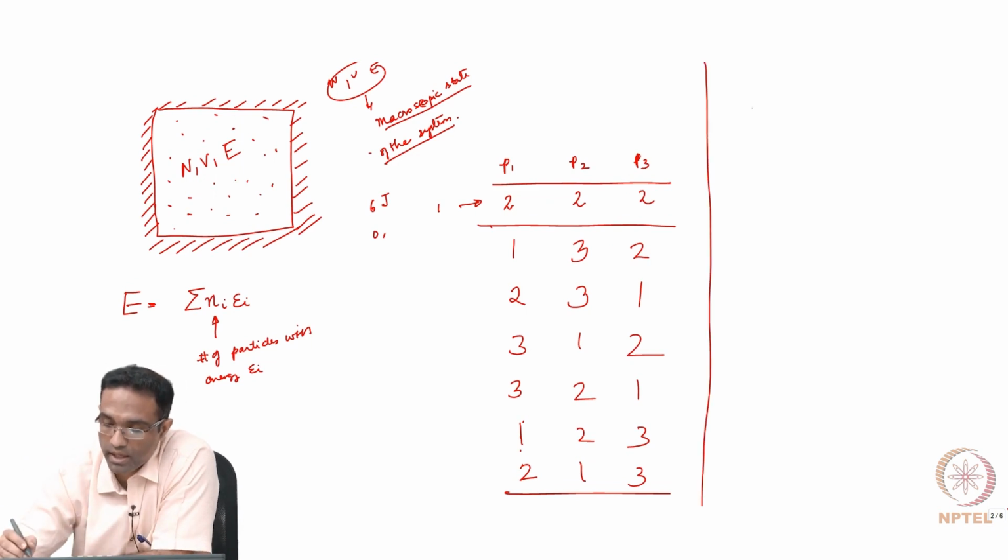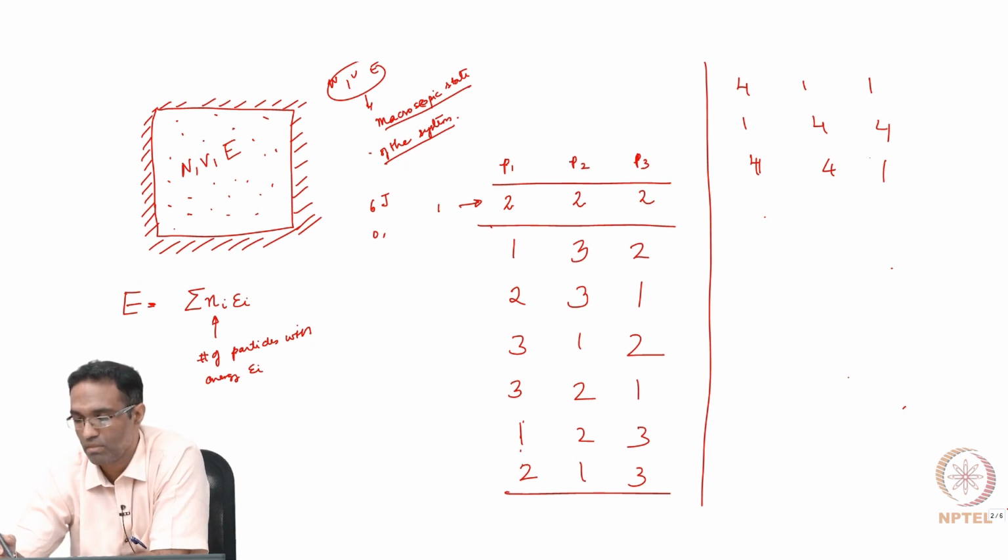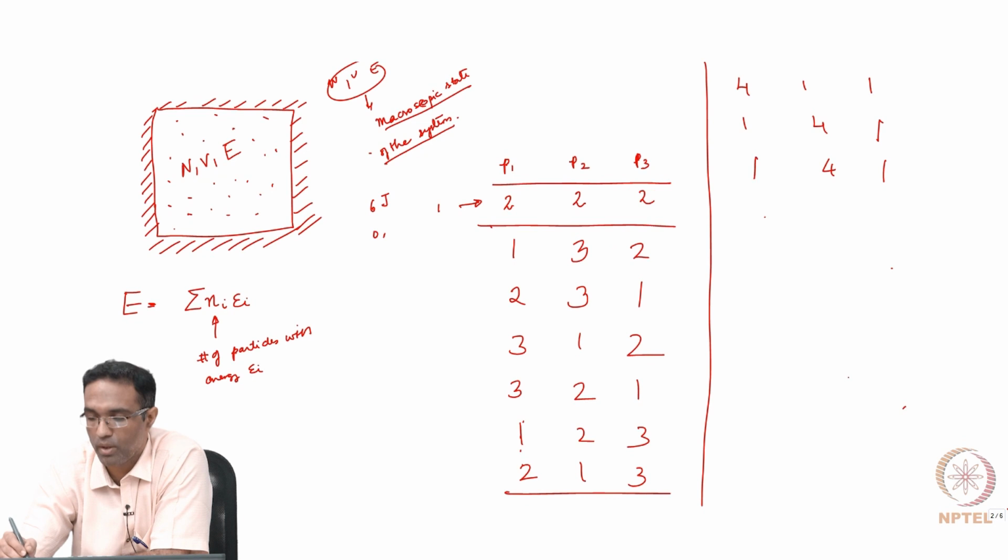Then is there anything else that I can do? 4, 1, 1, then 1, 4, 1. Is that it? Sorry, very sorry. This is 1. Okay, this is 1. Then this is also 1.